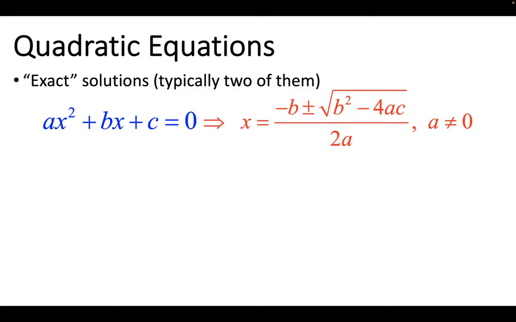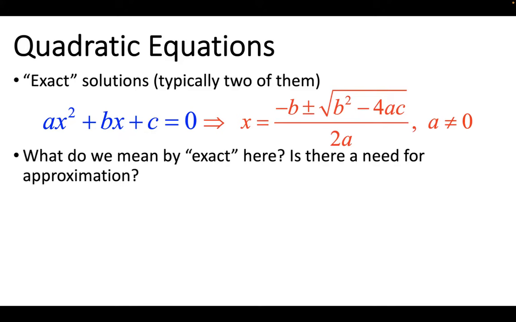So good old quadratic formula is what to use in general, though in special cases you can often get away with factoring. That's nice if you can, but you've got to use the quadratic formula in general. By exact, that's an exact symbolic expression, but most people do like to approximate those things with technology. There often is a need for approximation, though sometimes, as you remember from the past, you get square roots that are nice.